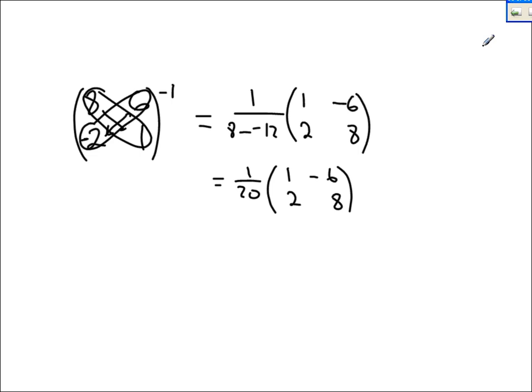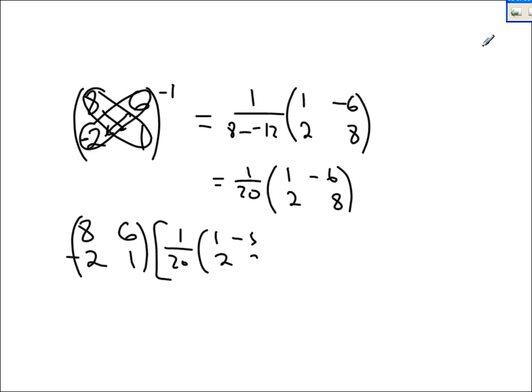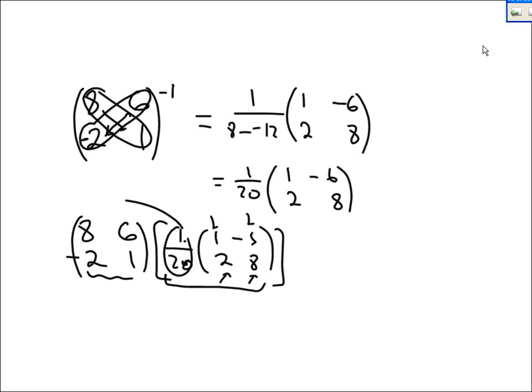Now, if you wanted to check, 8, 6, negative 2, 1 times the inverse, 1 over 20, 1, negative 6, 2, 8. You could multiply each of these entries by 1 over 20, get fractions, and then multiply. Or you could remember that this scalar can come way in front. It's one of the theorems that we have.